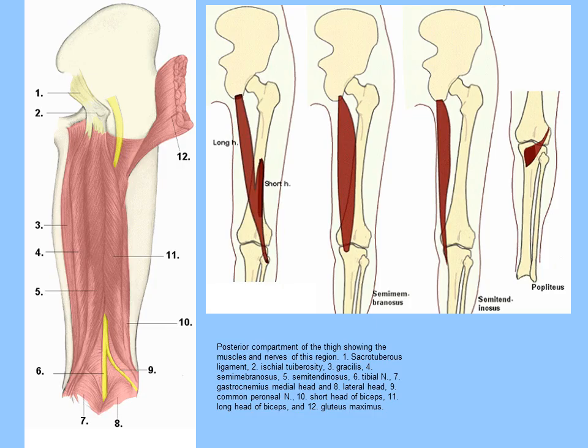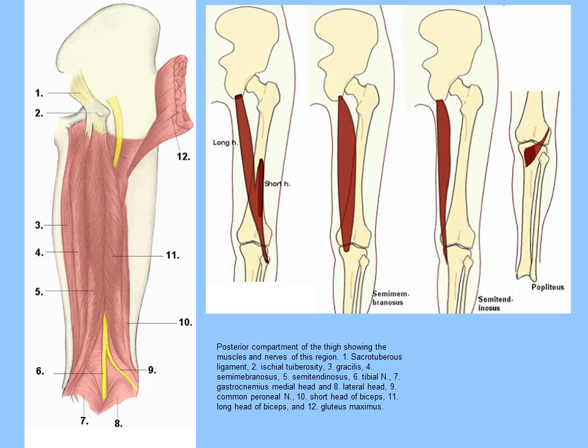These two nerves are the tibial nerve and common fibular or common peroneal nerve. For ease of understanding, I'll refer to the common fibular nerve as the common peroneal nerve consistently from here on out. The nerve to most of the muscles in the posterior compartment is the tibial nerve. It innervates all but one head of one muscle.